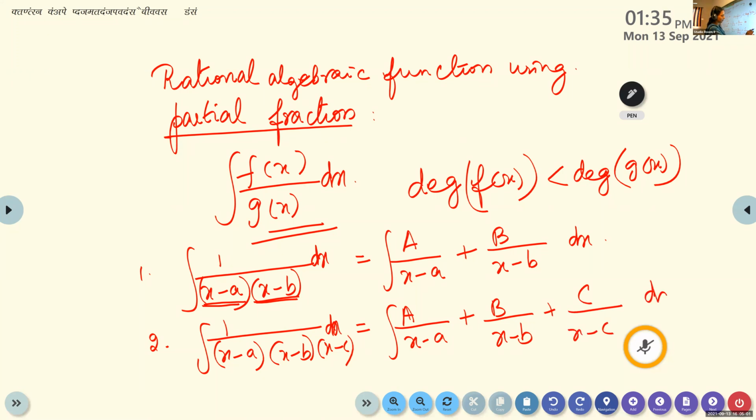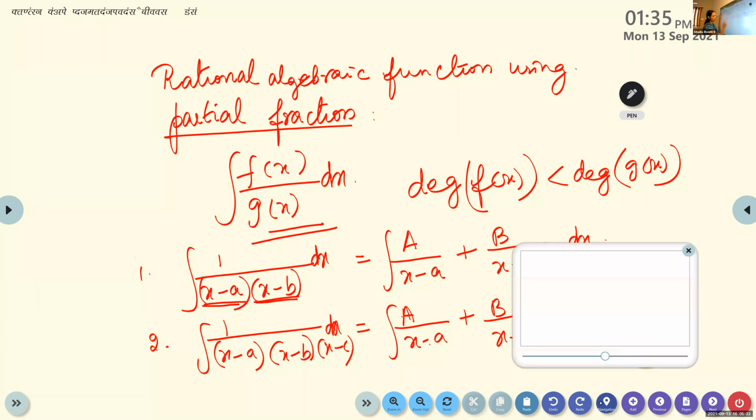We divide this into 3 parts. Here, degree of the numerator is 0 and the degree of the denominator is 3. Here also the condition is satisfied. Degree of the numerator must be less than the degree of the denominator.